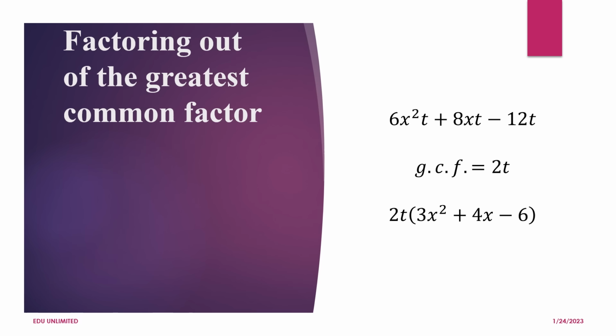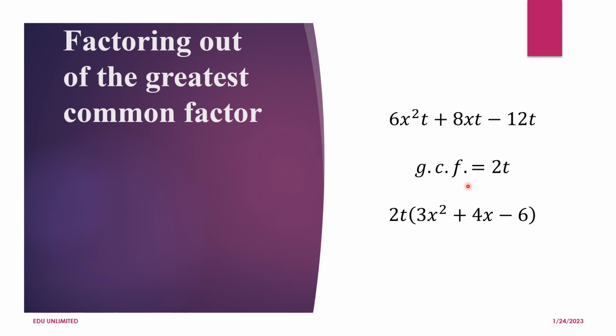As we look at factorization, let us now look at factoring out by using the greatest common factor. Looking at this example, which reads 6x squared t + 8xt - 12t, the greatest common factor there is 2t.